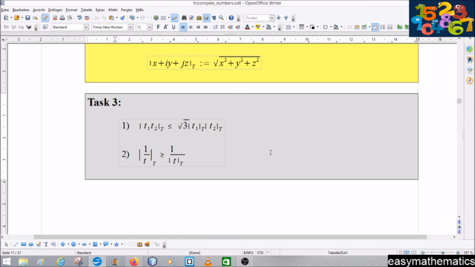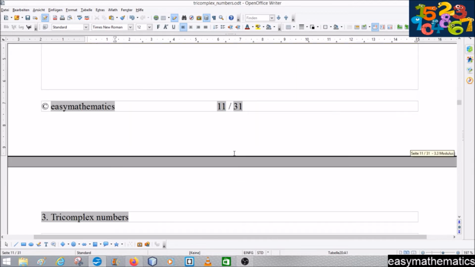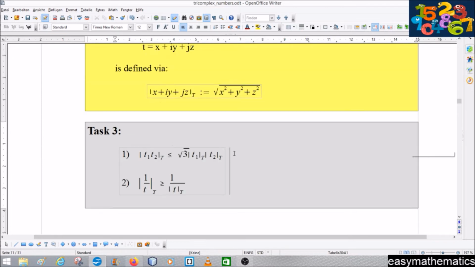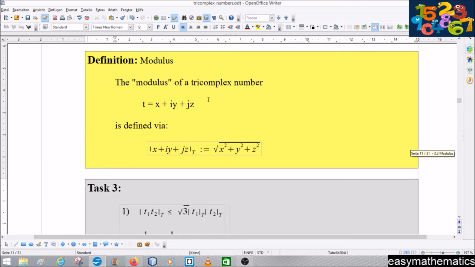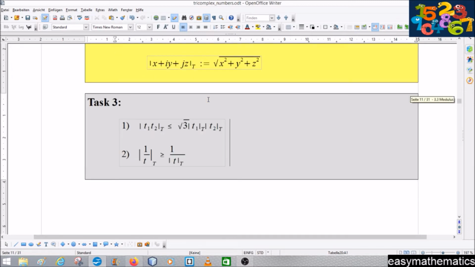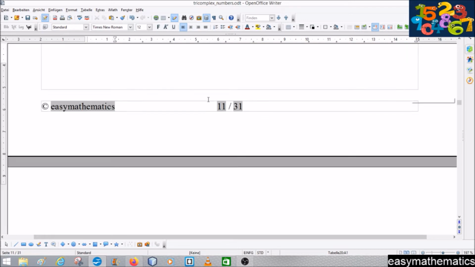So yeah, this is maybe also a nice property, some bounding properties. Have fun with this task number 3. And like I said, I just want to give an overview about important definitions, so we will not go into too much detail.